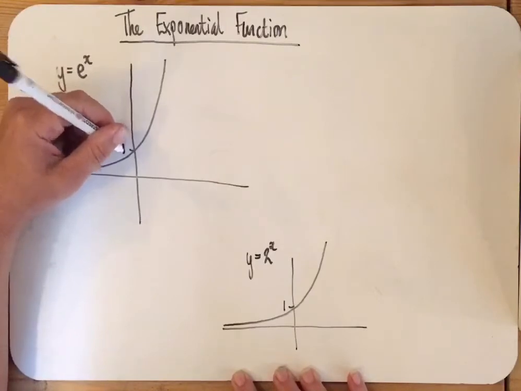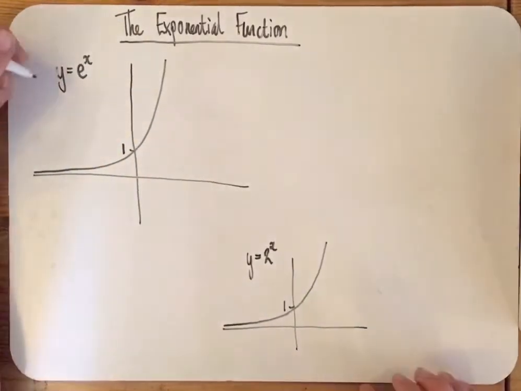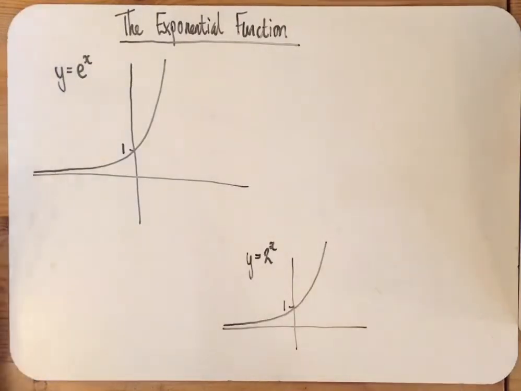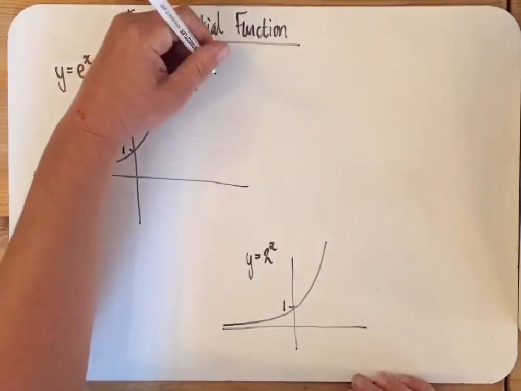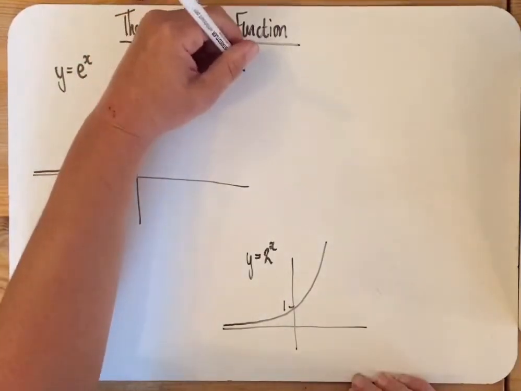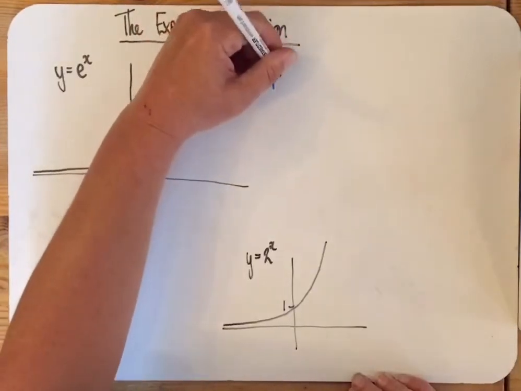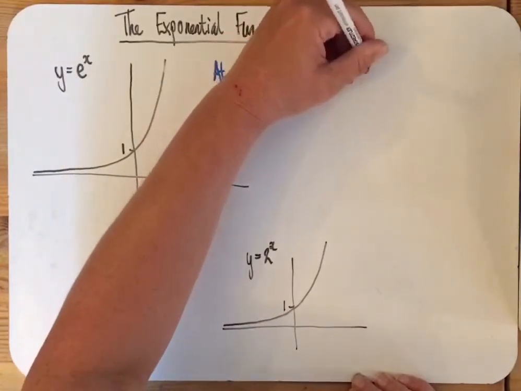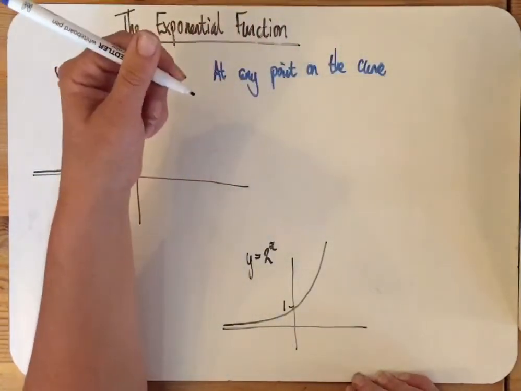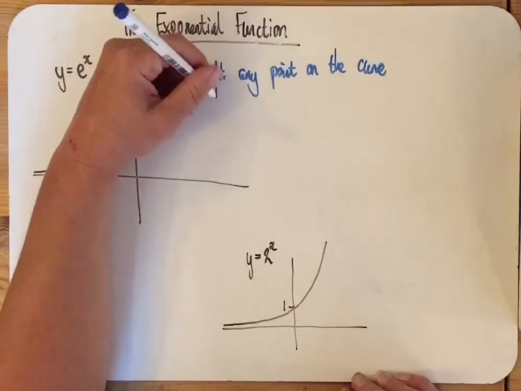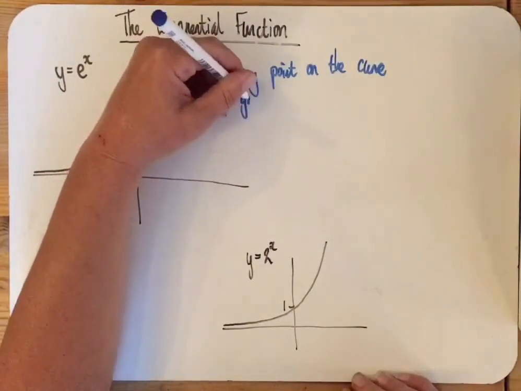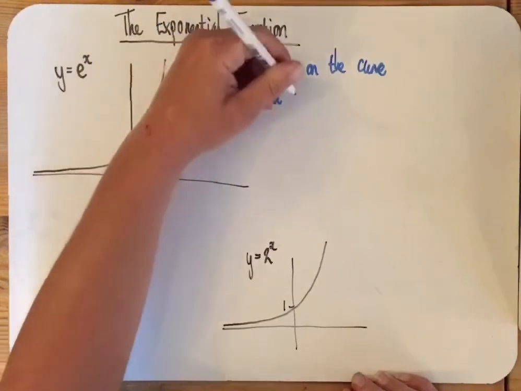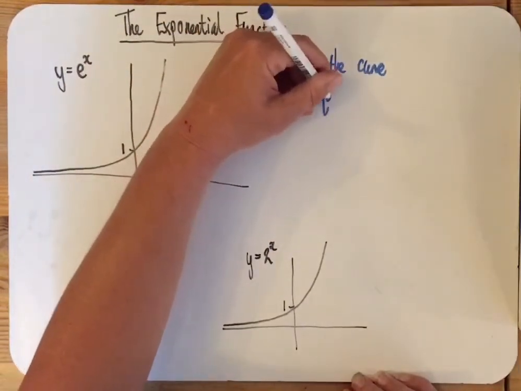E is an irrational number, a bit like pi is an irrational number. With the exponential function, this has the property that at any point on the curve the gradient is equal to the y value.